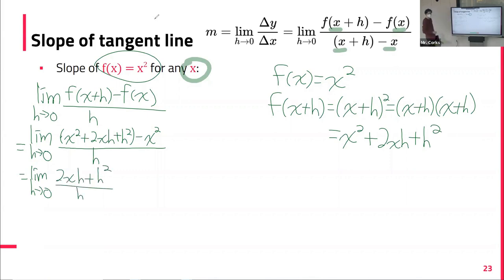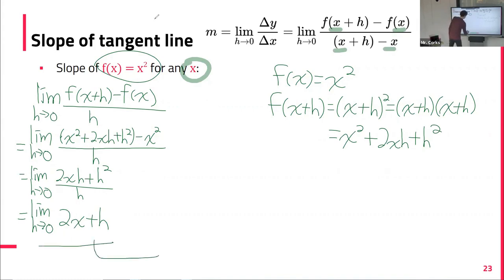Okay, so common factor of h on the top with the h on the bottom, those cancel. Limit h approaches 0 of 2x plus h, and now we can just do the limit.